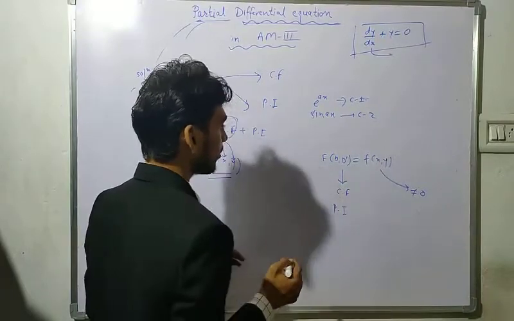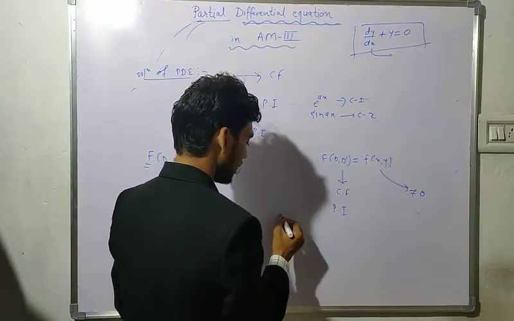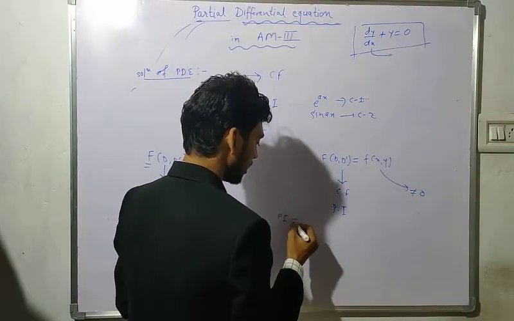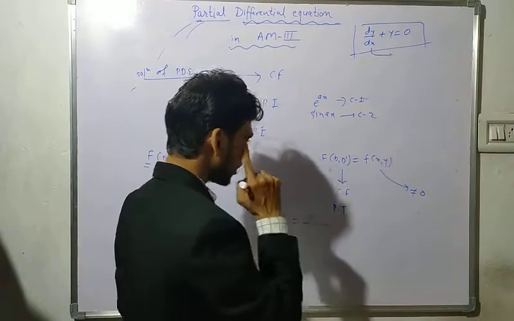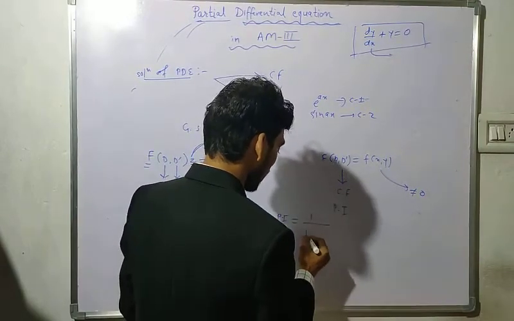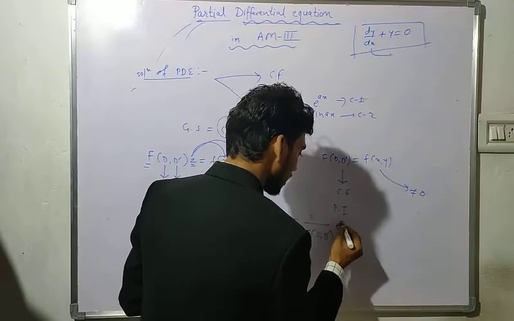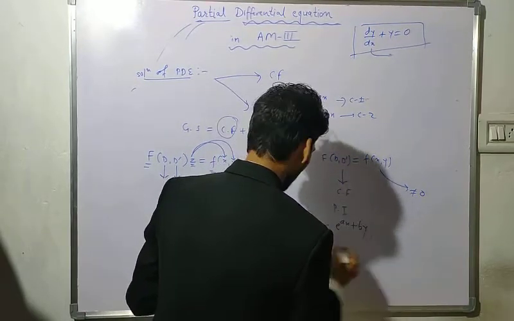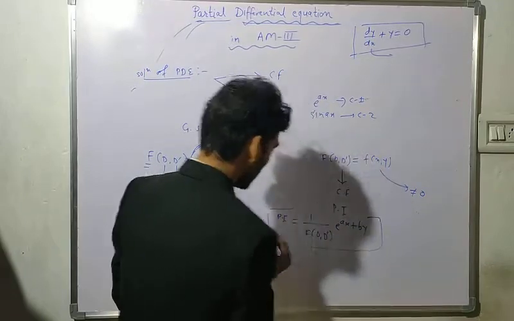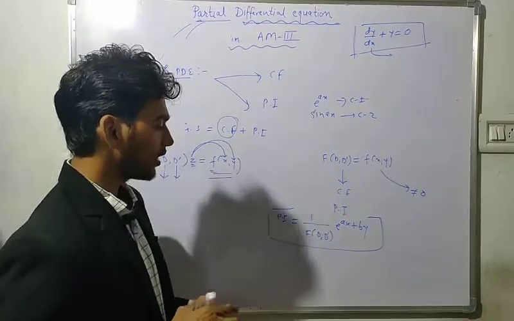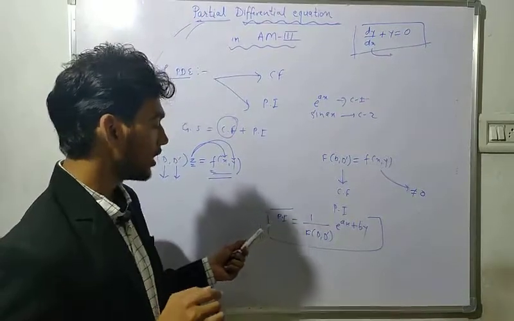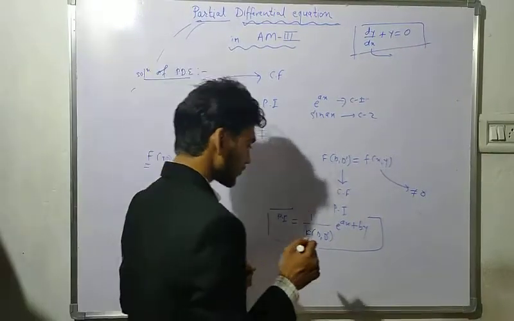So in the two variable case, we have to find PI, where PI equal to 1 upon F of D, D dash, e to the power ax plus by. In this type, we will have to find PI.